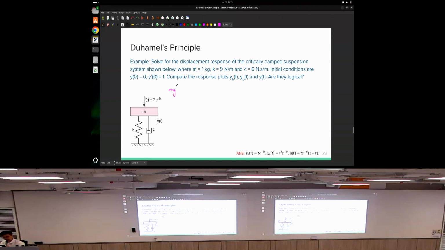M y prime prime plus C y prime plus K y equals F of T, equals 2e to the minus 3t.